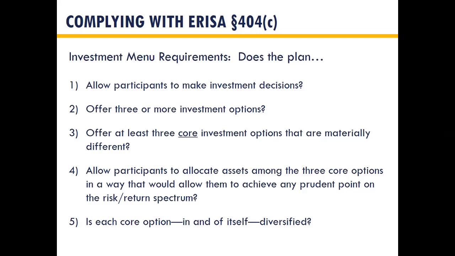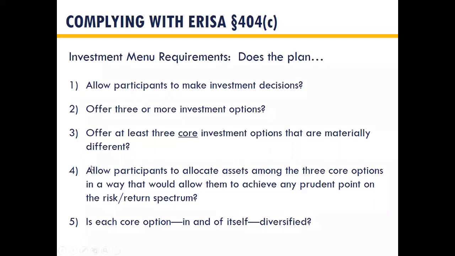I wanted to distinguish a little bit for you because the real objective here is sort of captured in bullet point number 4, which is really the Department of Labor wants your participants to be able to take whatever those choices are that are available and mix and match them in a way that would be appropriate and prudent for any participant with any risk level or any financial situation.